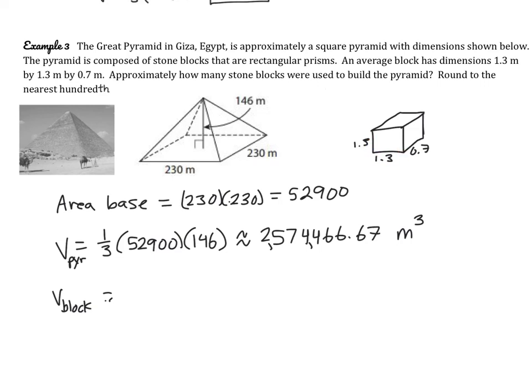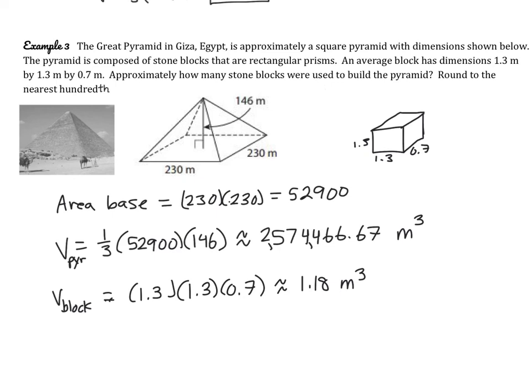It's just 1.3 times 1.3, area of the base, times 0.7, or length times width times height. And that gives us approximately 1.18 meters cubed for each block.